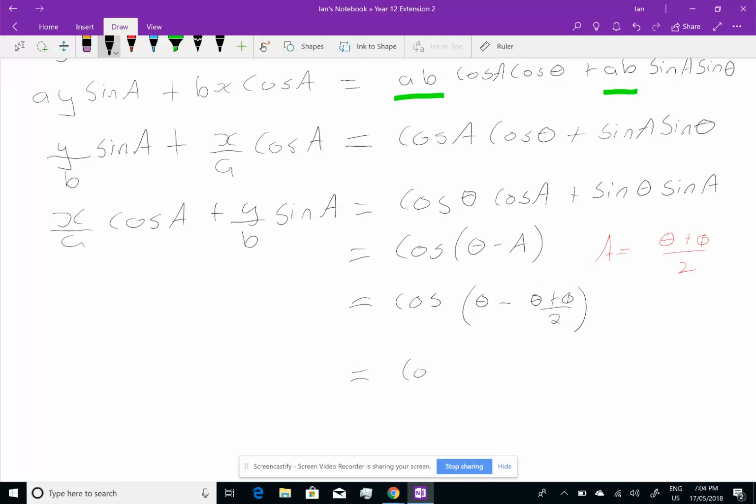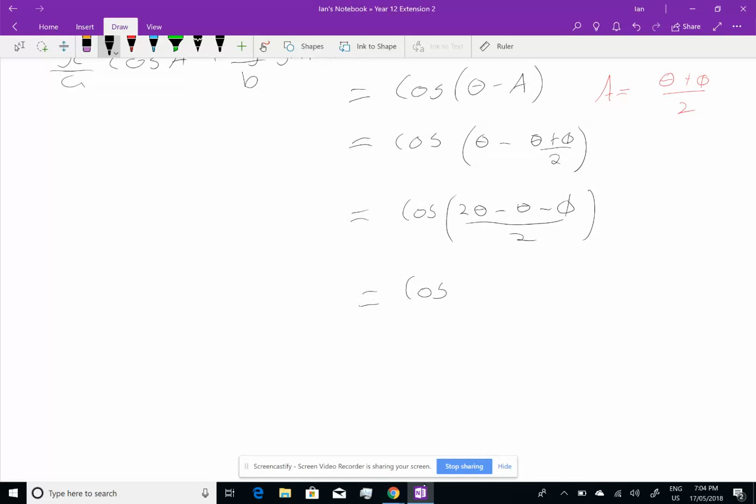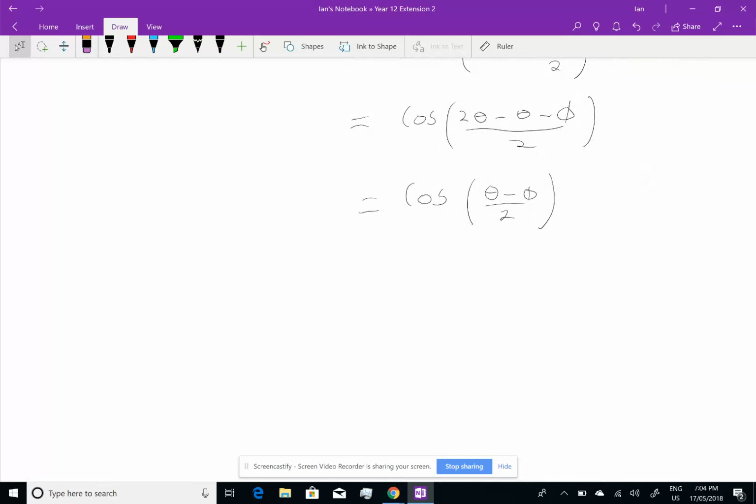Well, cos of 2 theta minus theta plus, sorry, that'll be minus phi all over 2, which gives me cos of theta minus phi on 2, and thus I get my equation.